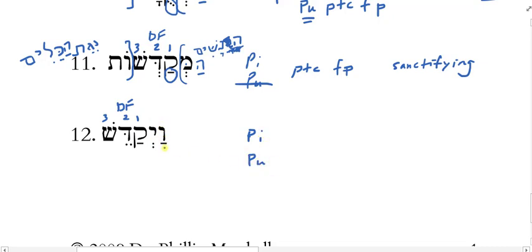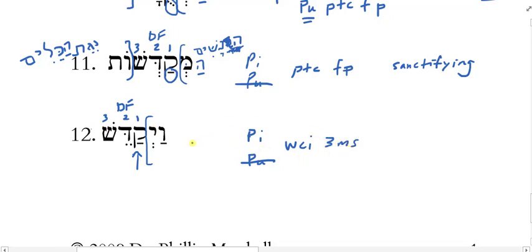Do you see the Va here in front of the Yod prefix, right? So what does that tell you? This is a WCI. And then the vowel under root 1 is A class. So which of these two is it? It's Piel. And then with the prefix Yod and no ending, it's 3MS.